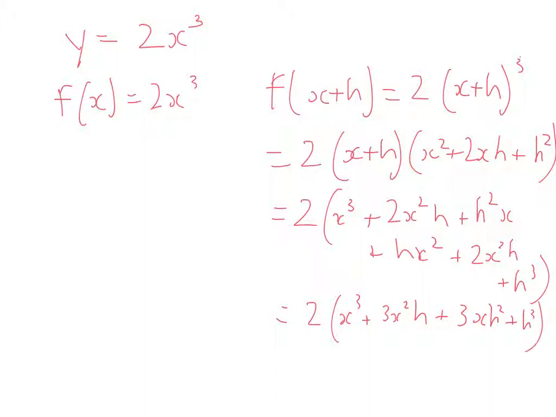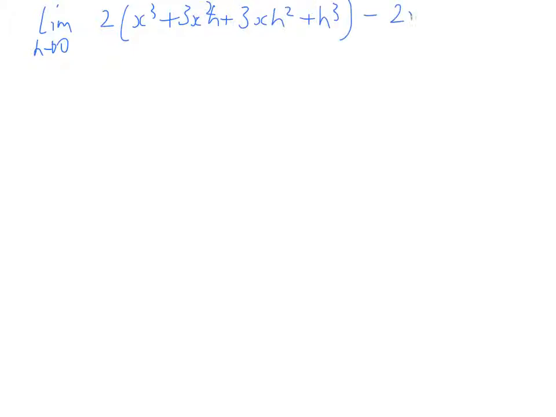That's my expression for f of x, and this is my expression for f of x plus h. Let's sub that into our tangent formula and find our derivative. Our tangent function is going to be the limit as h approaches 0 of f of x plus h, which is 2x cubed plus 3x squared h plus 3xh squared plus h cubed, minus 2x cubed.